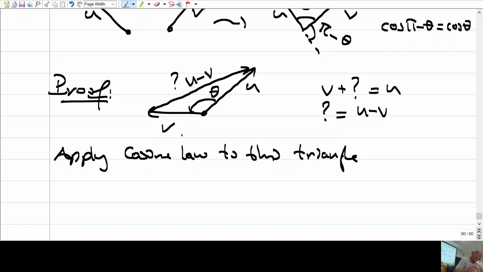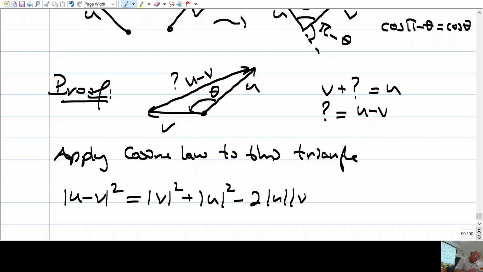What is the cosine law? The square of the length of one side, let's say this side, u minus v squared, is equal to the sum of the squares of the other sides minus 2 times the lengths of these two sides times the cosine of the angle between them.